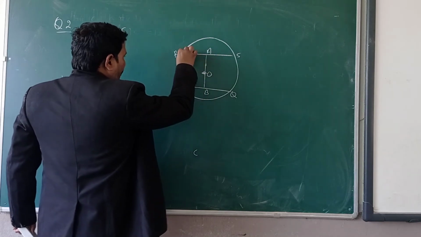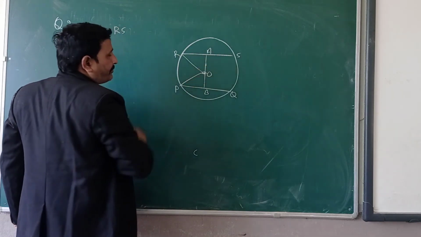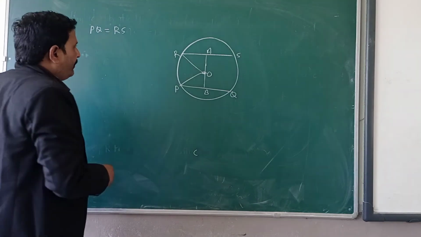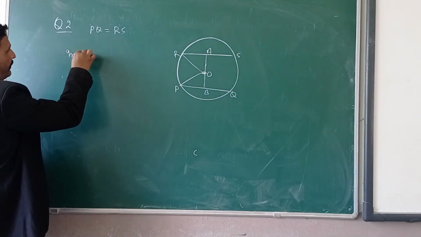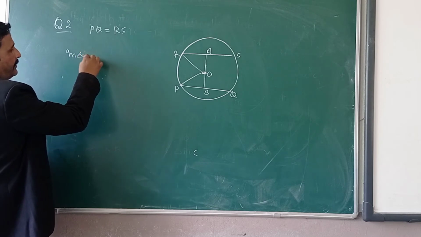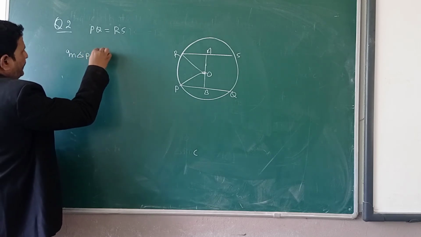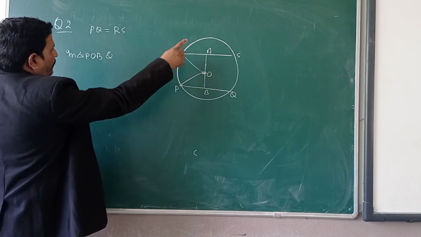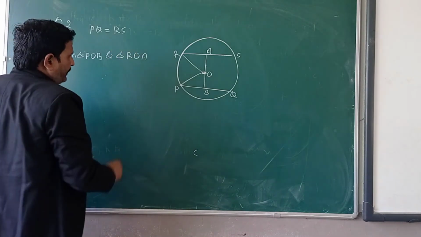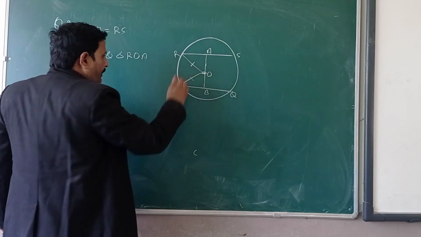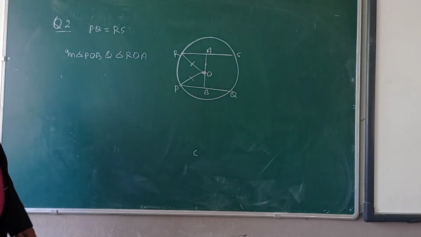Join this and this, and you get triangles. In triangle POB and triangle ROA, see that this side is equal to this side. Why?